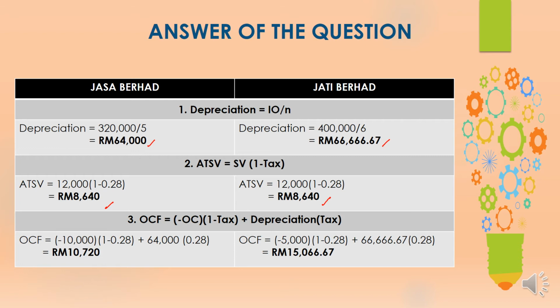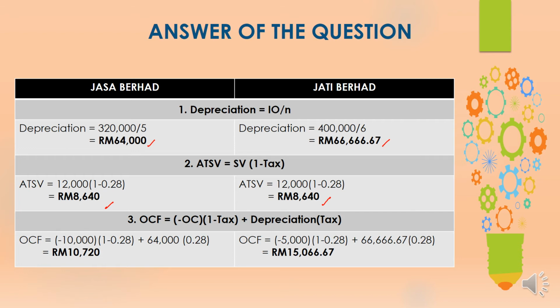For the third step, you will calculate the operating cash flow, which is OCF. Based on the OCF formula, it equals negative OC times 1 minus tax plus depreciation times the tax. So for Jasa Berhad, OCF equals negative OC, where OC given for Jasa is 10,000, times 1 minus 0.28, plus depreciation for Jasa of 64,000 times the tax rate 28%.